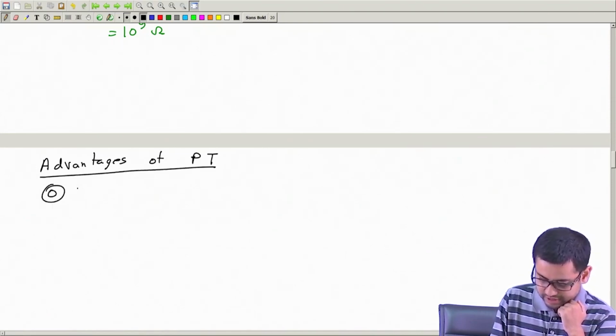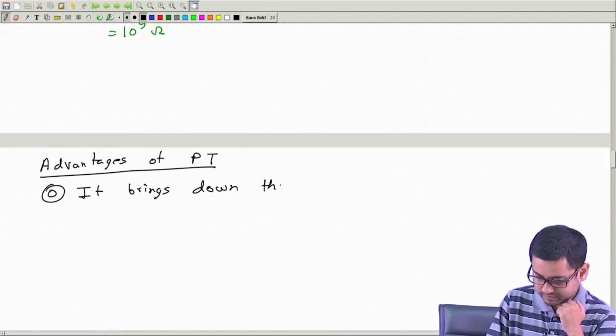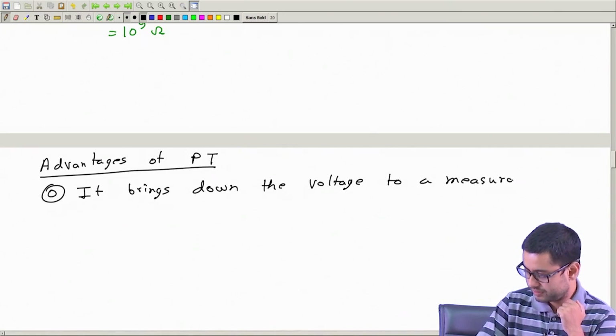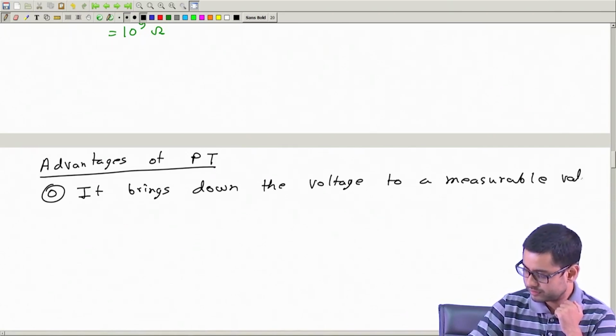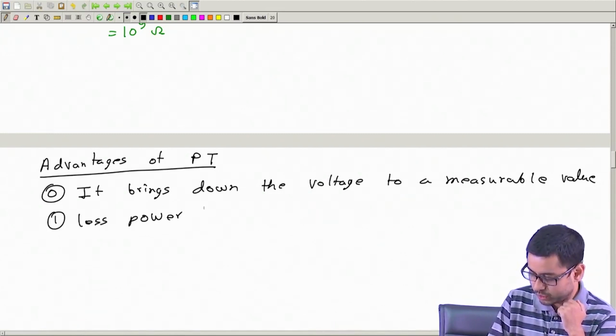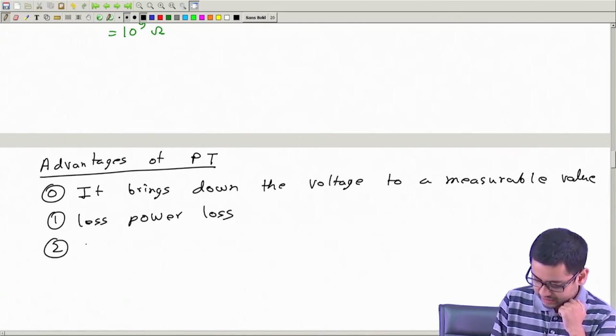Okay. So the advantages of PT we can write: firstly, it brings down the voltage to a measurable range. Secondly, less power loss compared to series resistance.